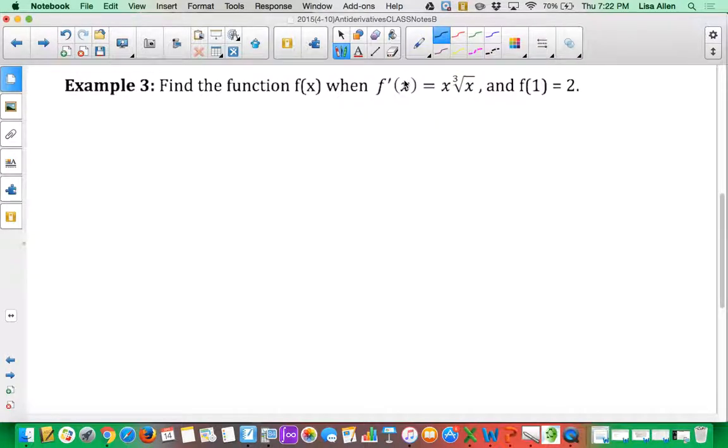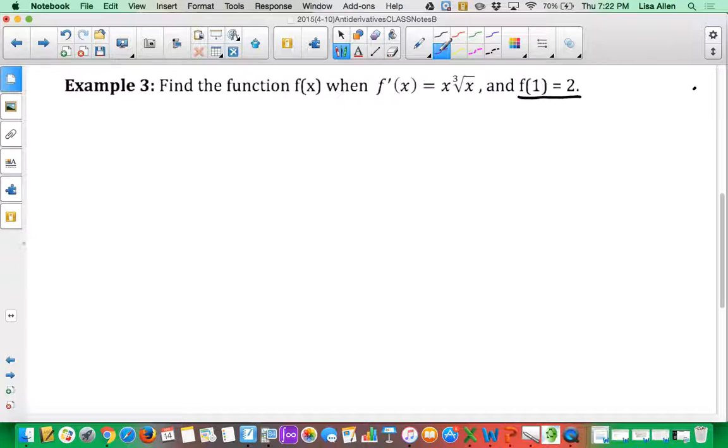And in addition to that, with example 3, it says find the function f of x when f prime of x is equal to x times the cube root of x, and they're giving you particular information. So in this problem, unlike the previous one where we found the general antiderivative, we're going to be finding a specific antiderivative. So find the function f of x when f prime of x is equal to.